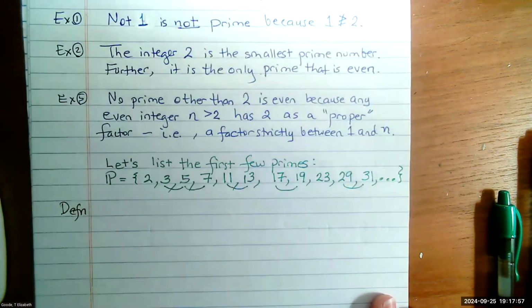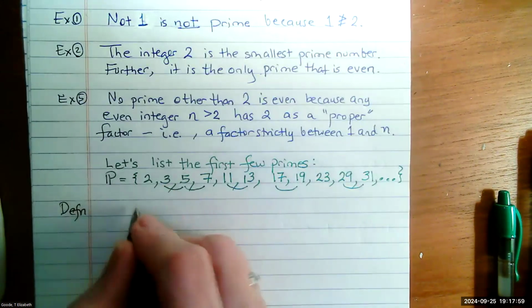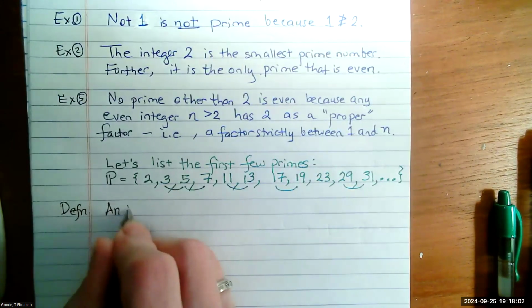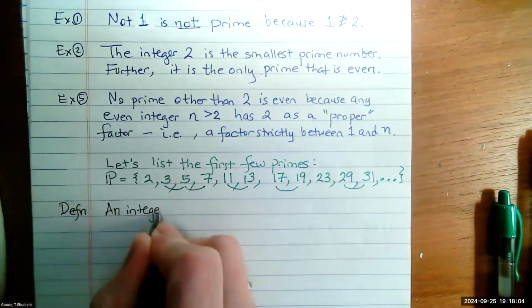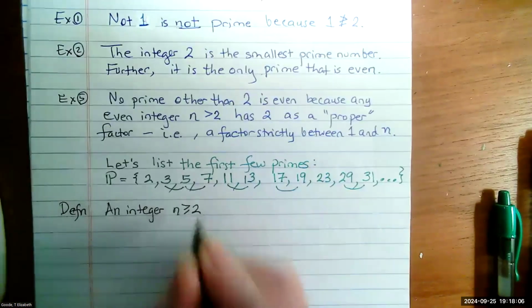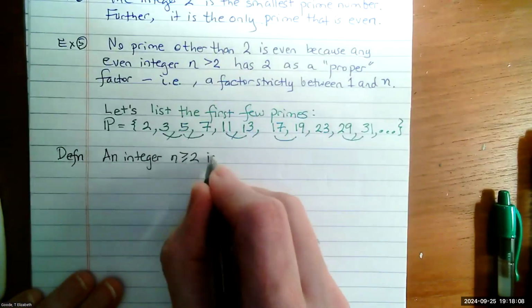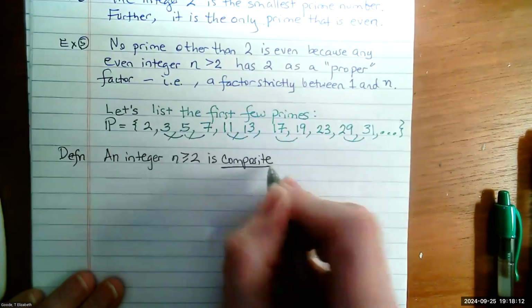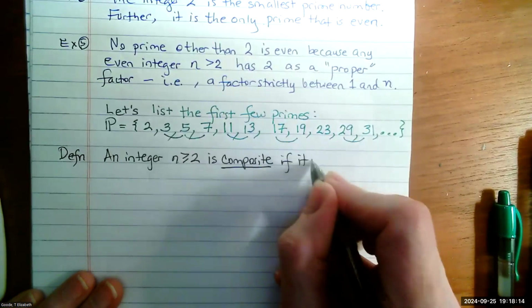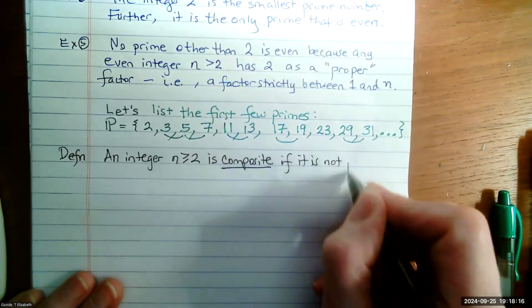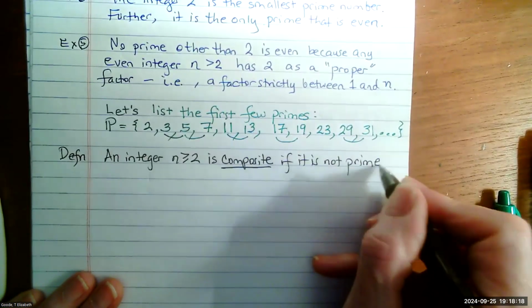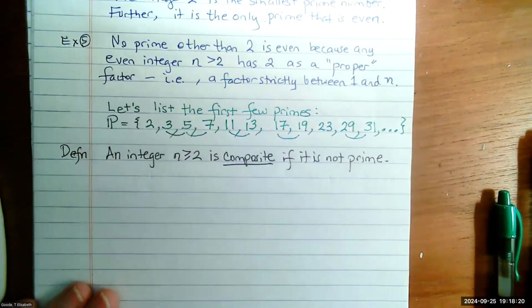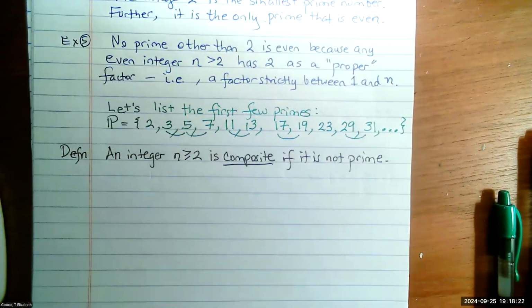Okay. All right. So here we go. An integer n greater than or equal to 2 is composite if it is not prime. Composite if it's not prime.